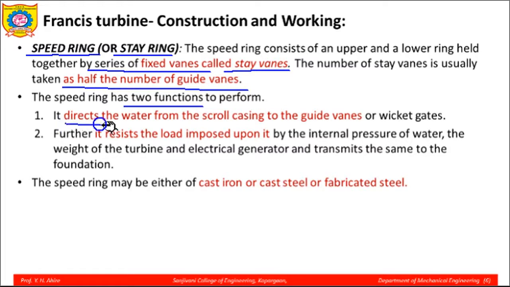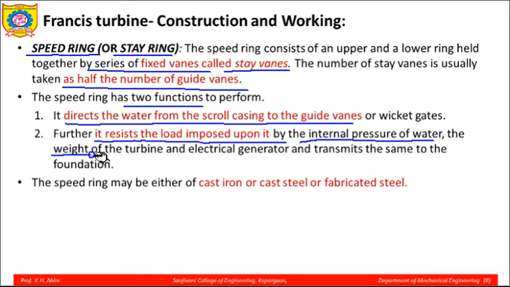First, they direct the water from the scroll casing to the guide vanes. Second, they resist the load imposed upon them by the internal pressure of water, the load due to the weight of the turbine, and the weight of the electrical generator.